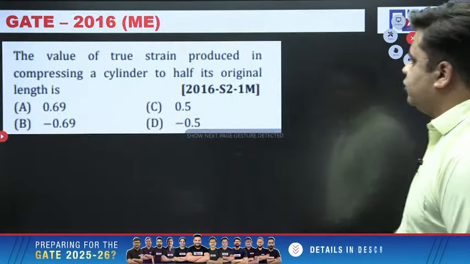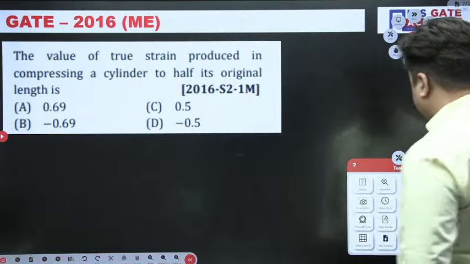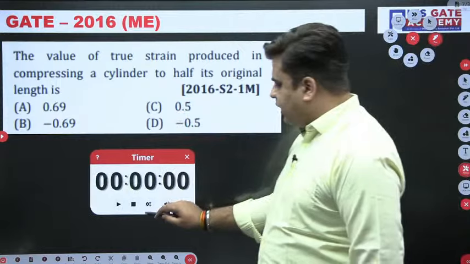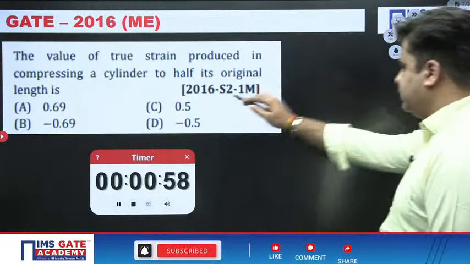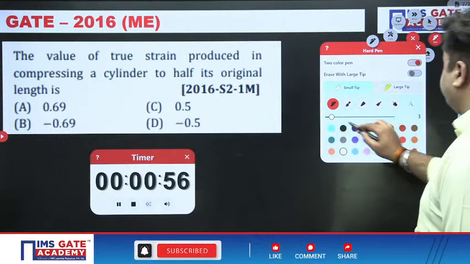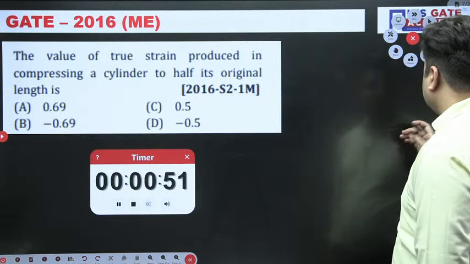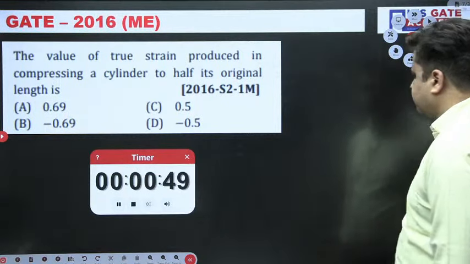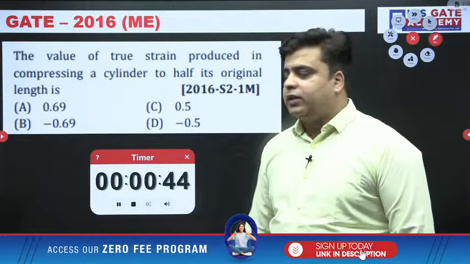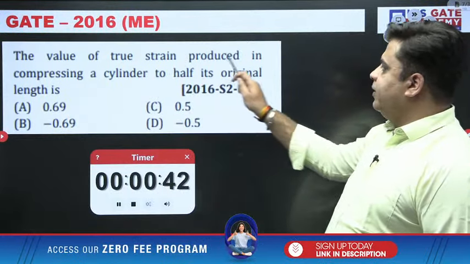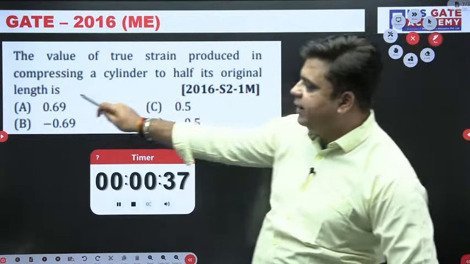Let's try the next question. Please try this. Have 1 minute of time. Go for it. These are some of the areas where you can commit silly mistakes, so no silly mistakes required. The value of true strain produced in compressing a cylinder to half of its original length is.